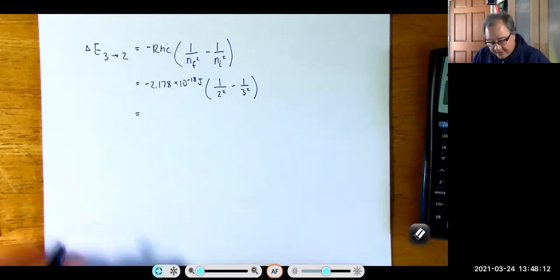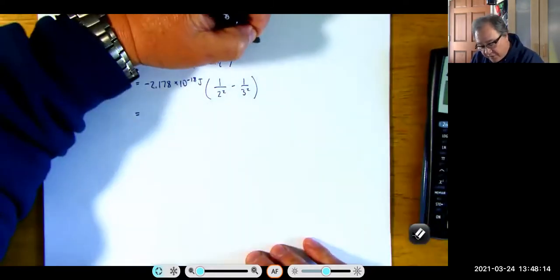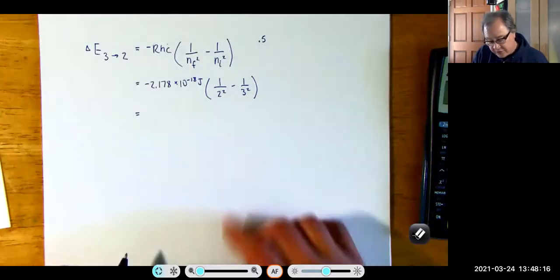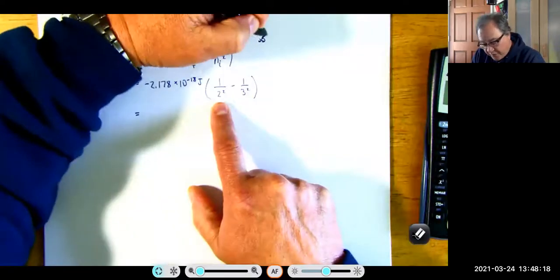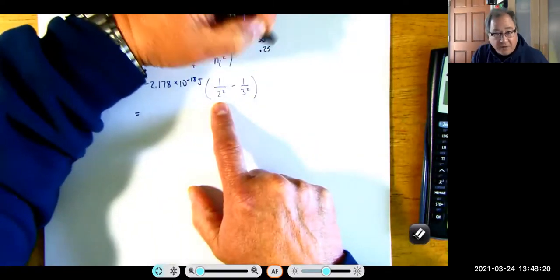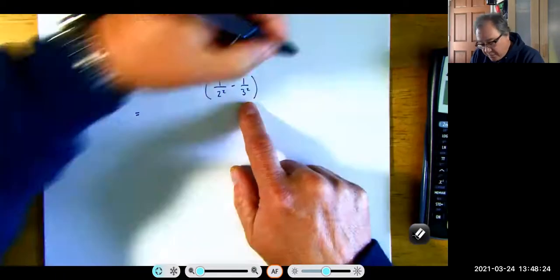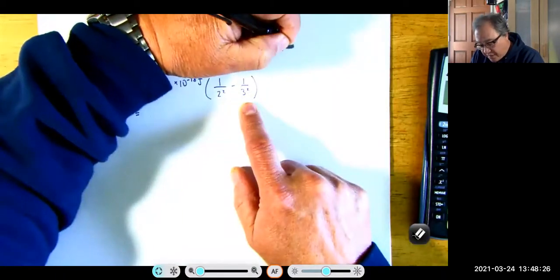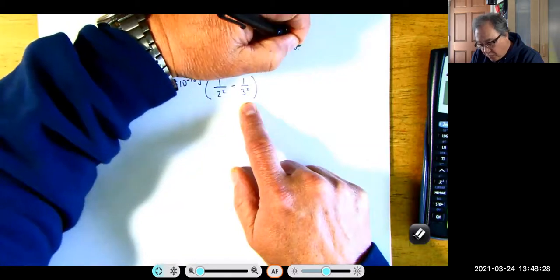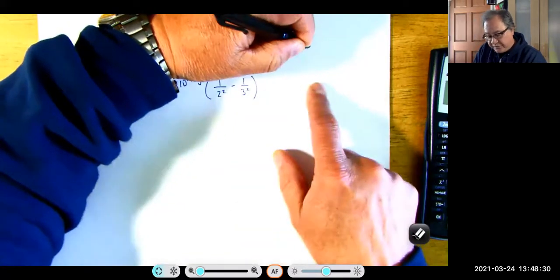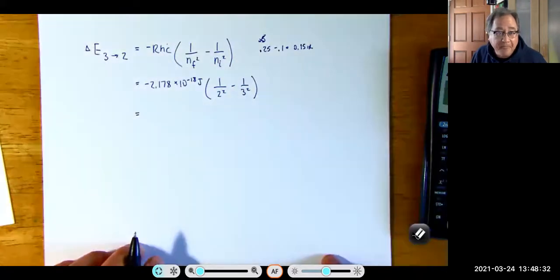And my idea here is that 1 divided by 2 squared is 0.25, because that's 1/4, right? And 1 divided by 3 squared is like 0.1, so I should have around 0.15-ish for the difference, right? Right.